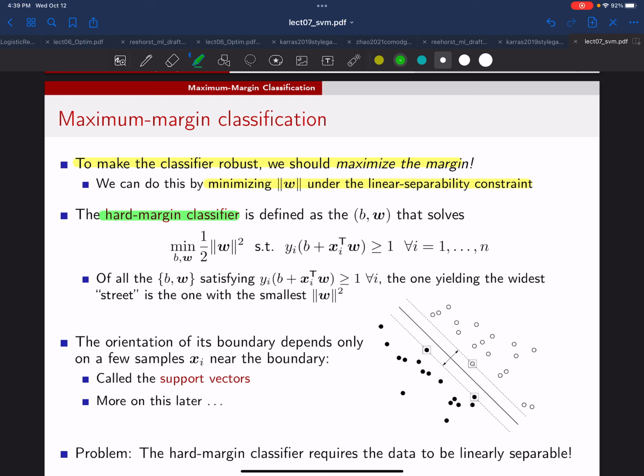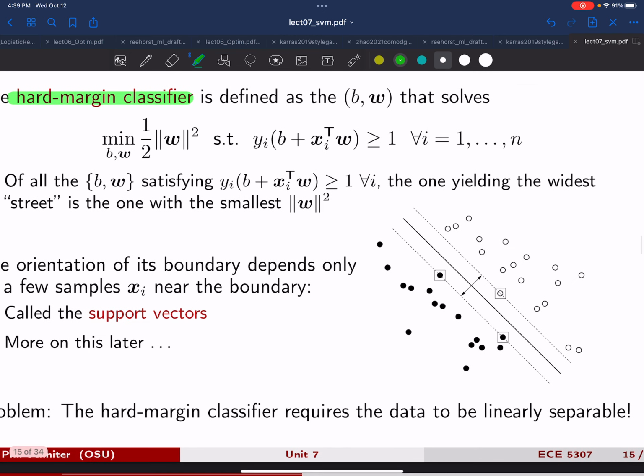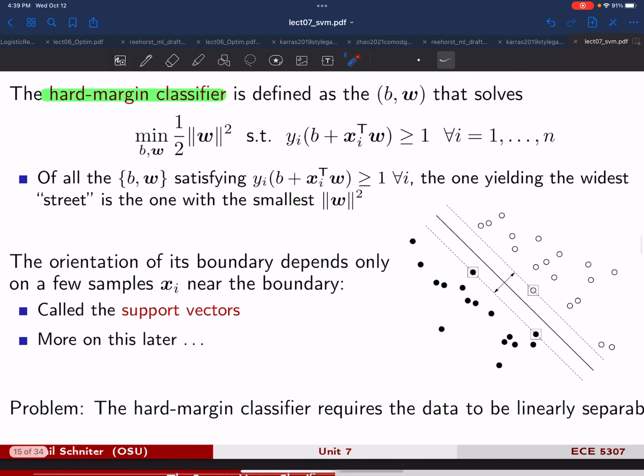Okay, so one of the interesting things about this, and you can kind of see this visually, is that where you place this boundary is actually going to be determined only from a very few samples in your data set, which are the ones closest to the boundary, right? Like in this particular case, these 3 samples completely determine where I put my boundary.